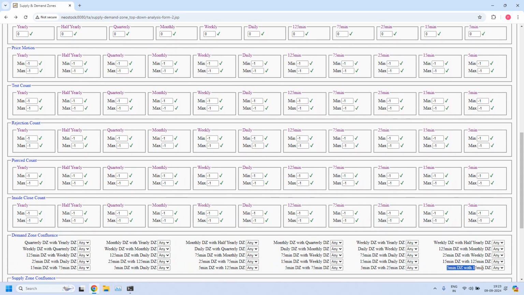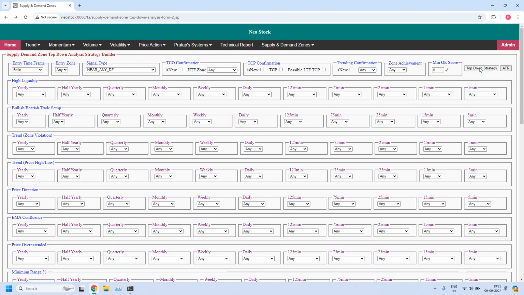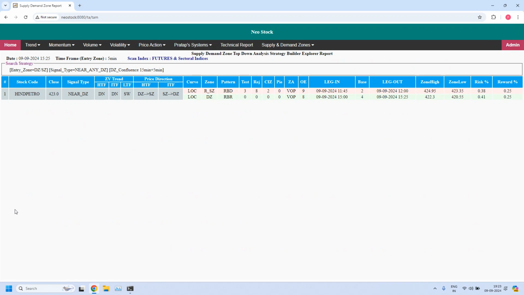So 5 minutes demand zone with 15 minutes demand zone, I am enabling. Let's verify. Only one stock. RR is also not good.